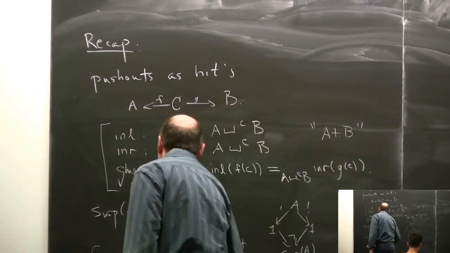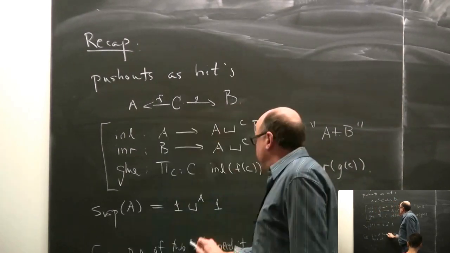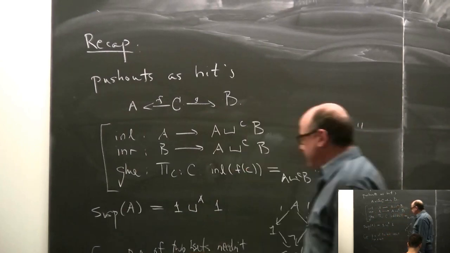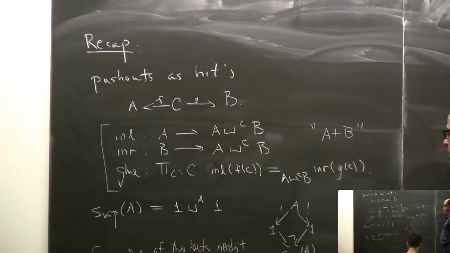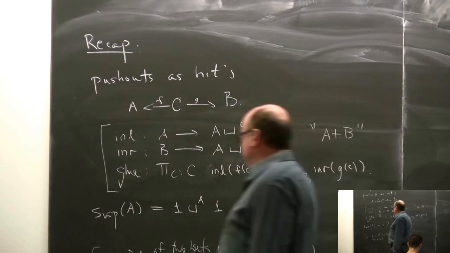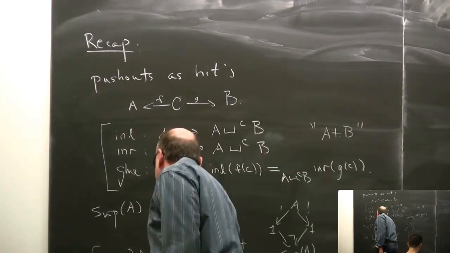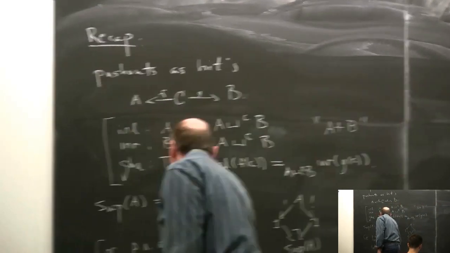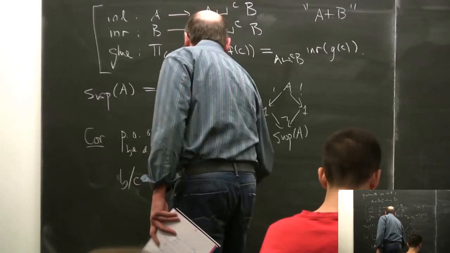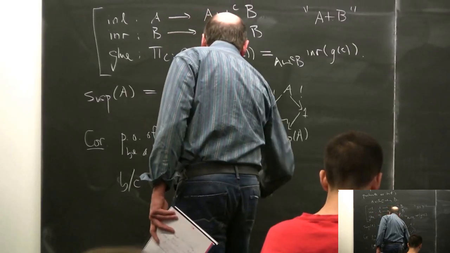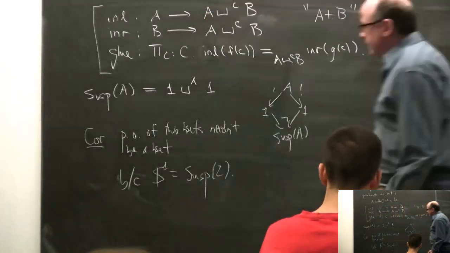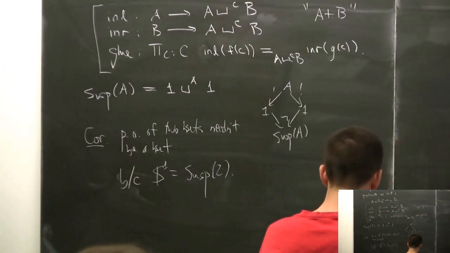By which I mean in the h-sets, if you want to use that to remind ourselves that we're talking about homotopy zero types, because we previously remarked last time that S1 can be characterized as the suspension of 2, where 2 was the 2-point thing.